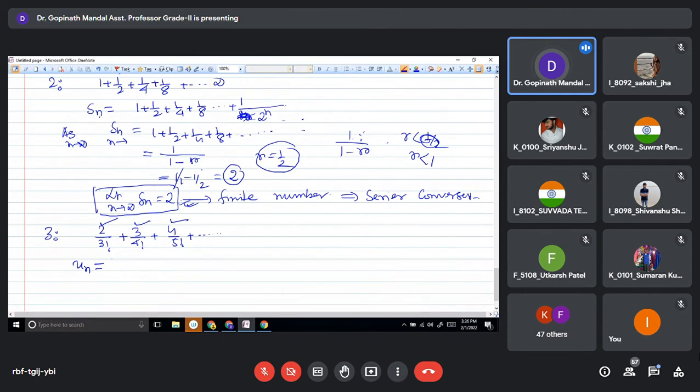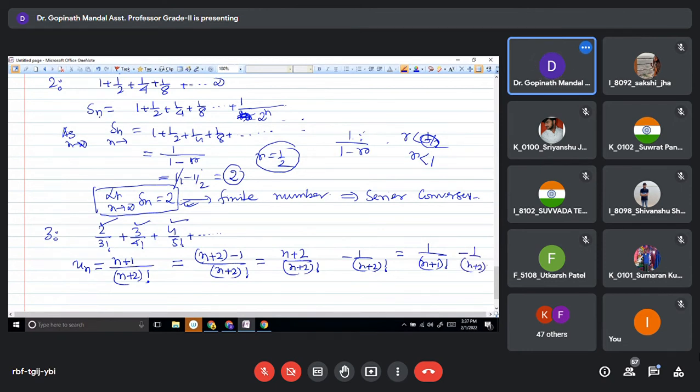So un equal to n plus 1 by n plus 2 factorial. So un we can write as n plus 2 minus 1 over n plus 2 factorial, that means 1 by n plus 1 factorial minus 1 by n plus 2 factorial.